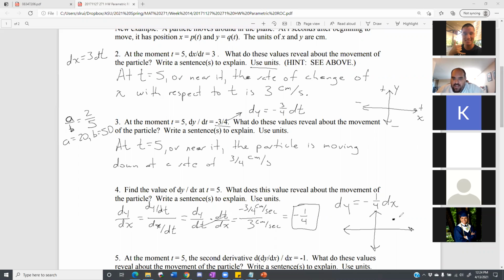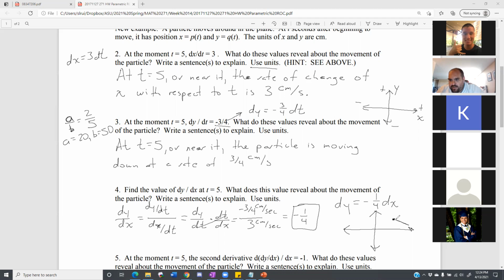What direction might this thing be going right now? I think it's going right. You think, based on the dx over dt? So you think it's going straight to the right? Well, right and down.